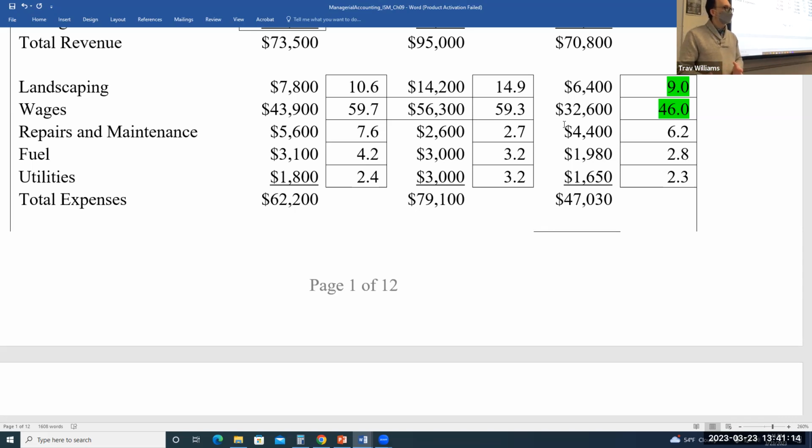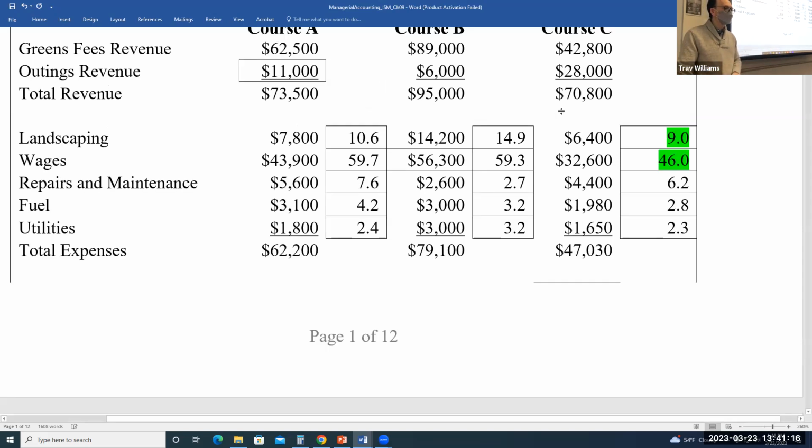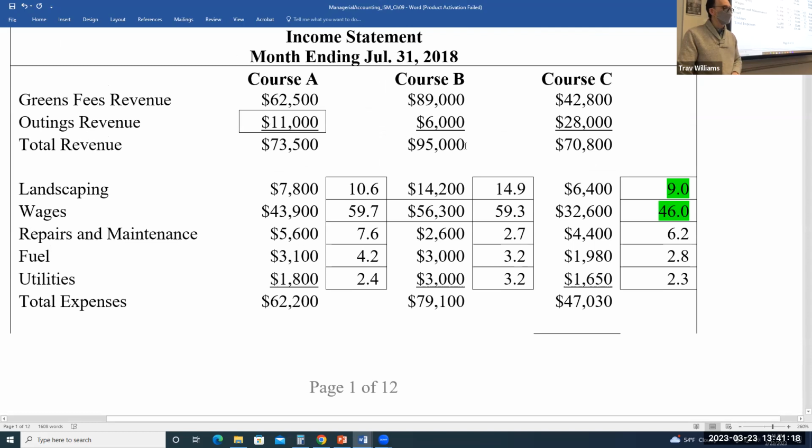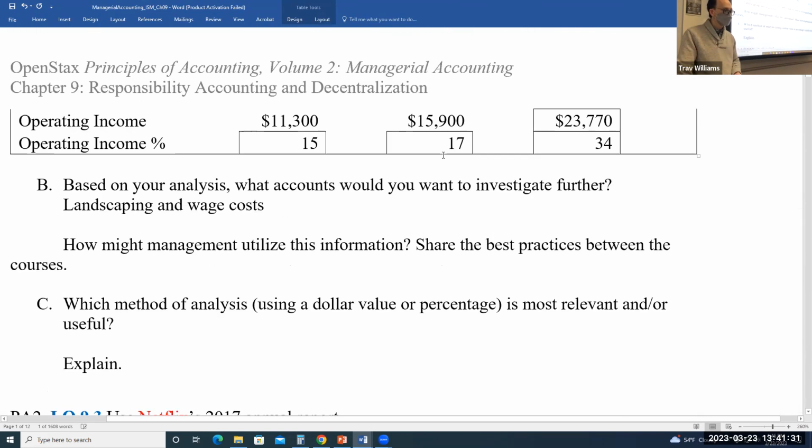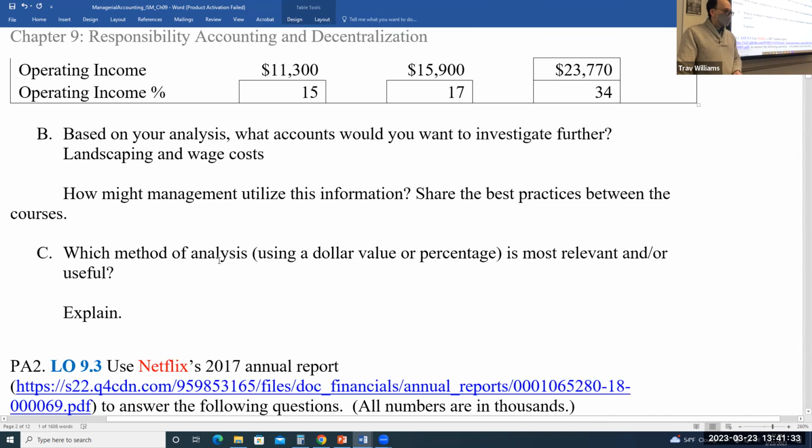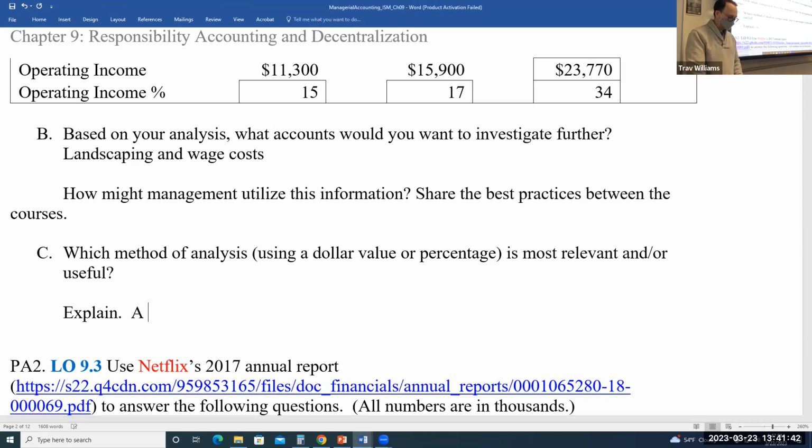On the other hand, there is value to looking at the dollar amount as well, right? It's good to know that course B has $95,000 in revenue. And that course C has only 78,800 in revenue. That's important as well. So which method of analysis? I would say a combination of both is ideal.